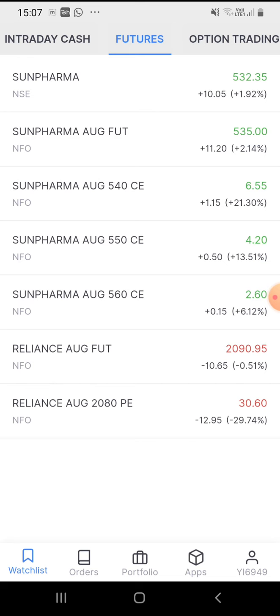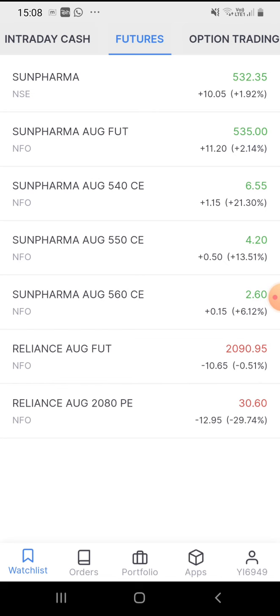We are expecting Reliance to come downside. Reliance will fall. So if our calculation is correct and Reliance falls from 2090 to 2080, then what is the cost? That's the first thing you have to add. And for 2080, what is the strike price? This is called a strike price.